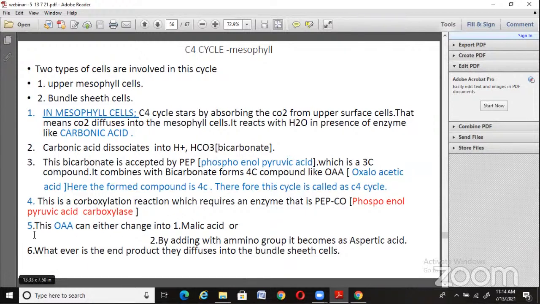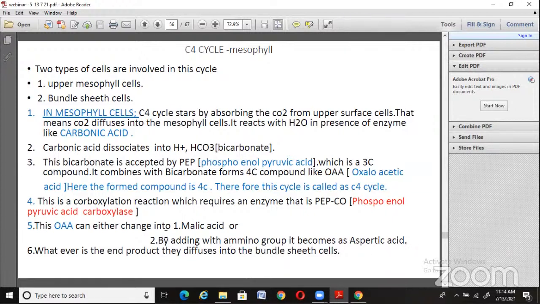Now, the next change in the mesophyll. What does that mean? This OAA can change into two products. One is malic acid, or when OAA combines with an amino group, it results in the synthesis of aspartic acid.